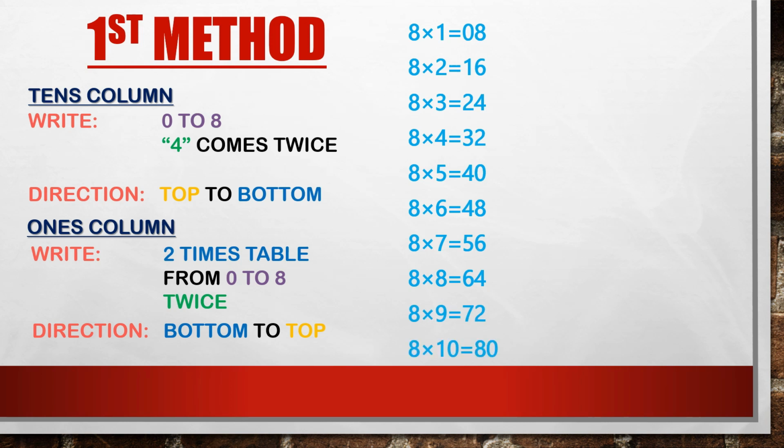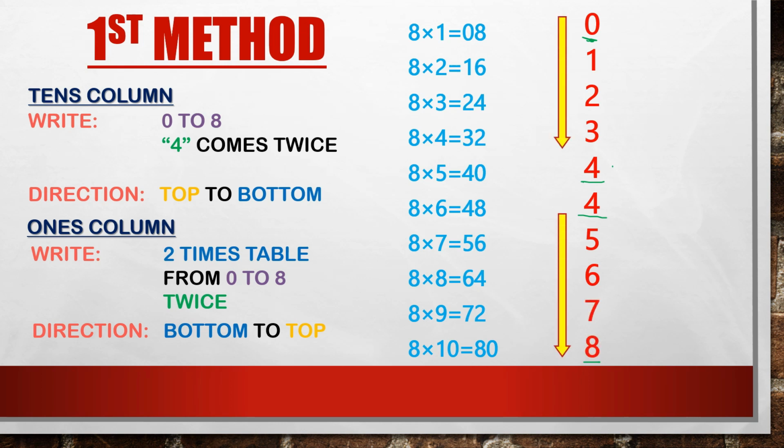This is the regular way we memorize and write the table of 8. By using method 1, you can see that the first column has numbers written from 0 till 8 with 4 being repeated. This is from top to bottom direction.